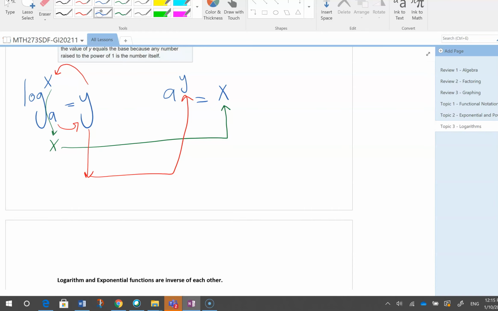Can you give me an example? Yes. 2 to the power 3 is 8. The logarithm of 8 base 2 is 3. How do I know? Because 2 to the power 3 is 8. Make this circle and then you never forget.